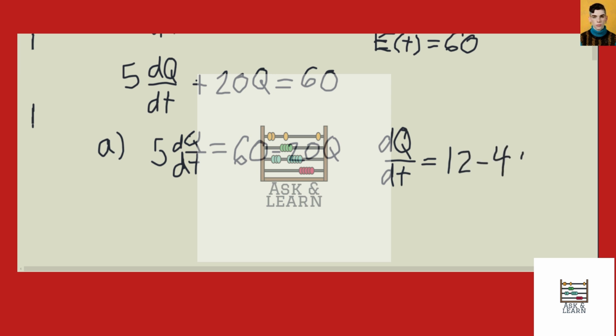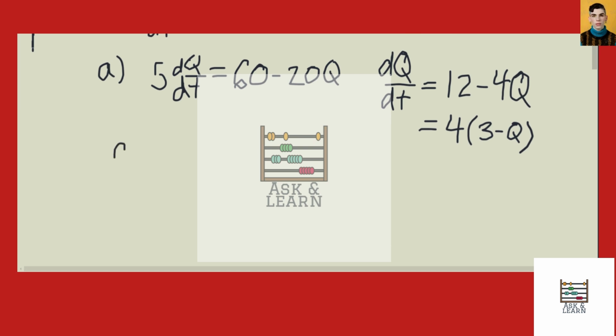So this is 12 minus 4q. We can make this even simpler by writing it as 4 times 3 minus q. So we now have our differential equation in a form that's more familiar to us.